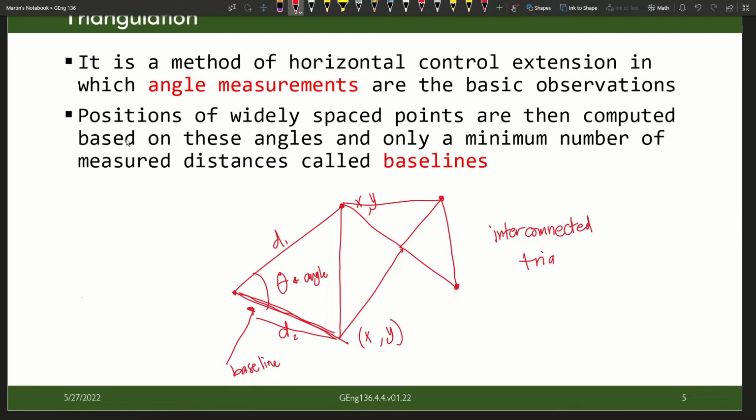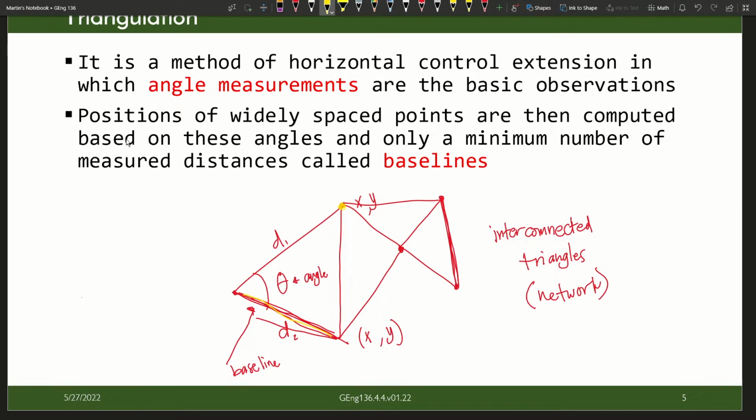So for example, we have this triangulation network. This was common before the satellite system, before the advent of the electronic distance meter or EDM; they employed the triangulation method. Before, we already had instruments that could measure angles, so they applied them here. For example, you have your baseline here and another baseline here.